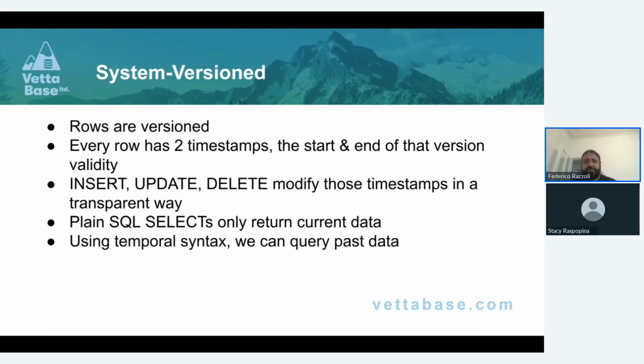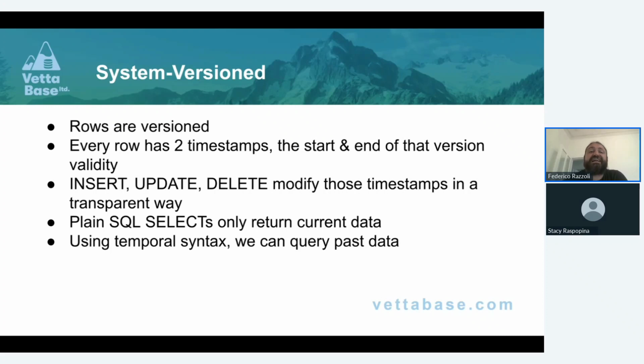So let's start with system versioned tables, but this is just a quick overview. I will talk about them in a moment, and I will show some examples. Just to give you an idea, a system versioned table means that its rows are versioned.